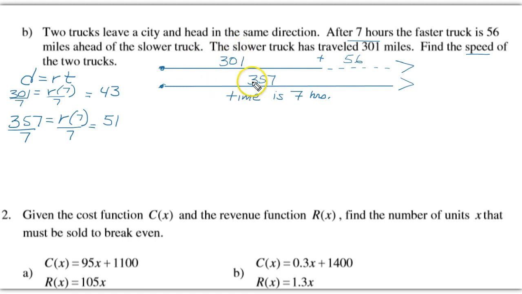So I didn't really need two variables here. What I did need is an understanding of the problem, a diagram that I've made to help interpret it, and I end up with this.